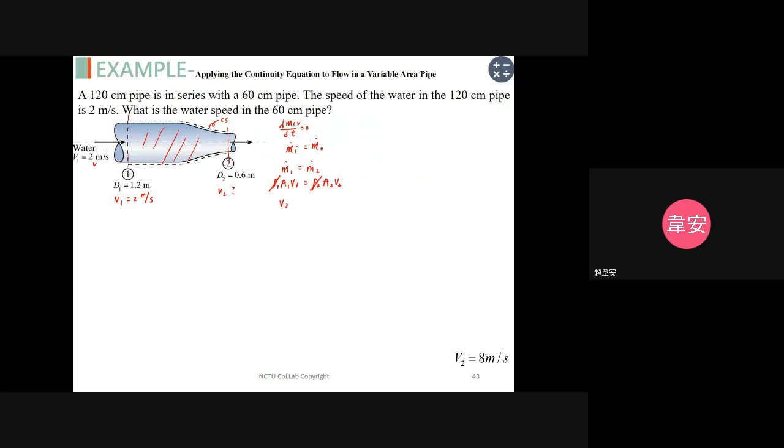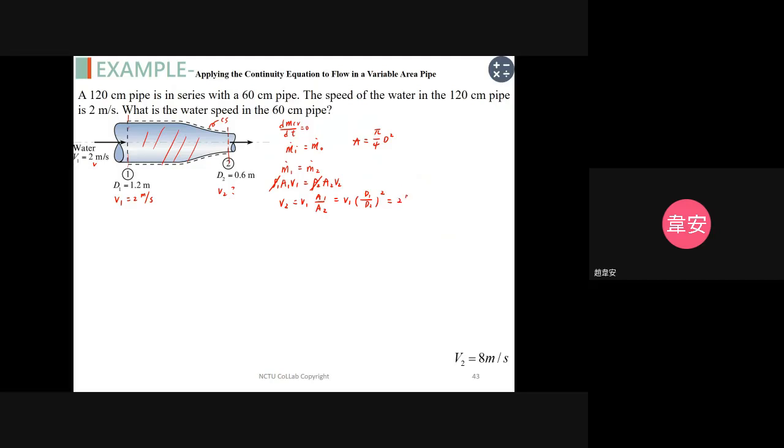So we can rewrite the formula: V2 is equal to V1 multiplied by A1 divided by A2. And we know this is a pipe, so the area is equal to pi over 4 times diameter squared. So the A1, A2 ratio can be rewritten as D1 divided by D2, squared. We just put the numbers into the equation.